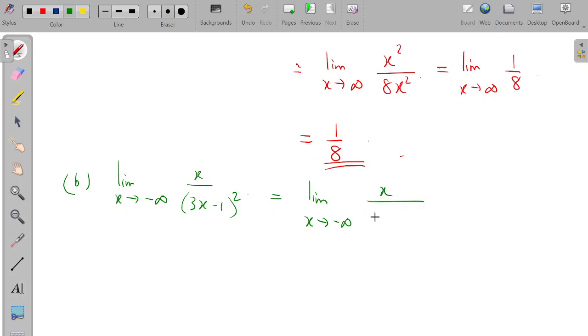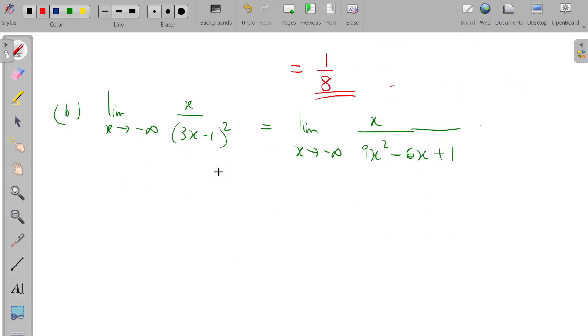So this becomes 9x squared minus 6x plus 1. Okay, that will be the expansion of the denominator. Then it will be limit as x goes to negative infinity.